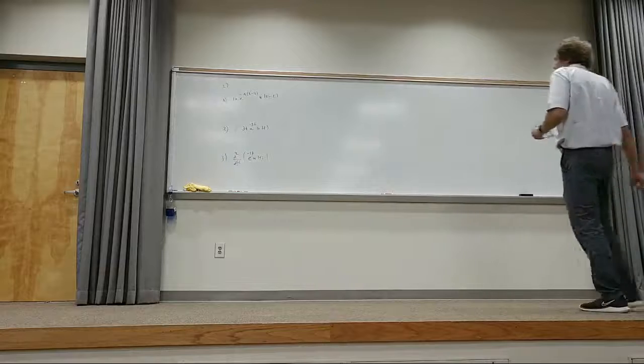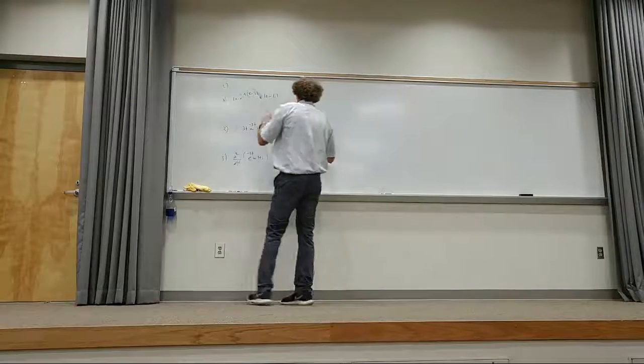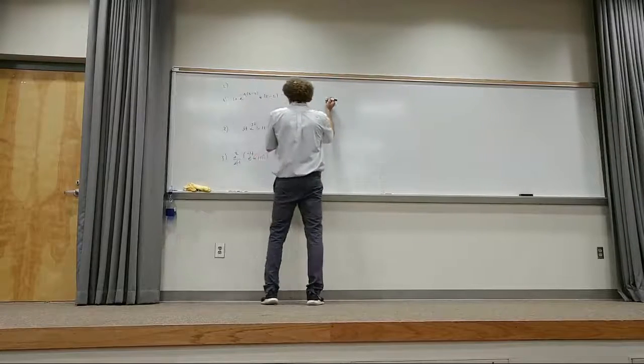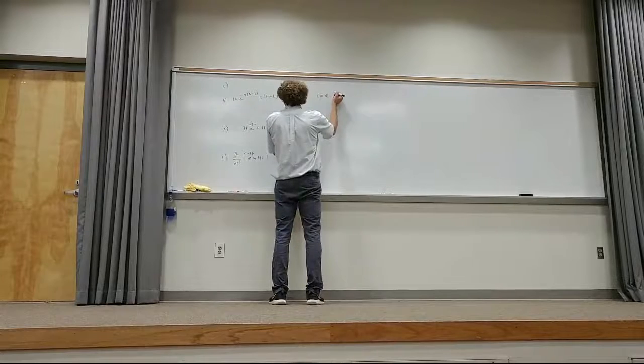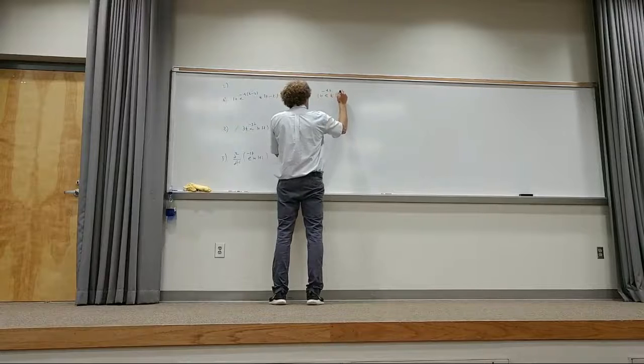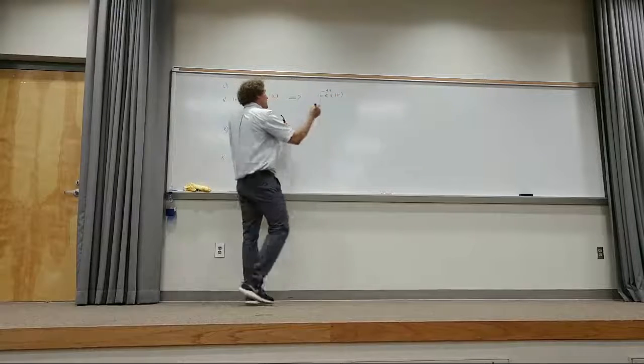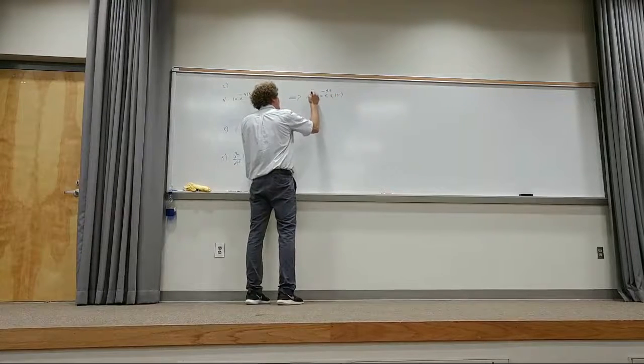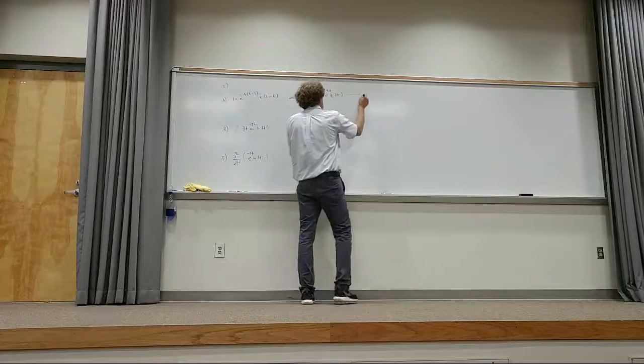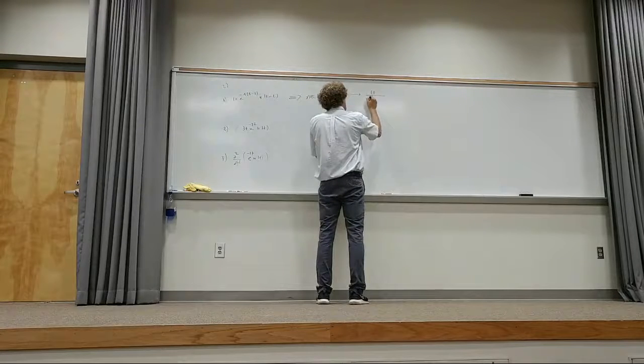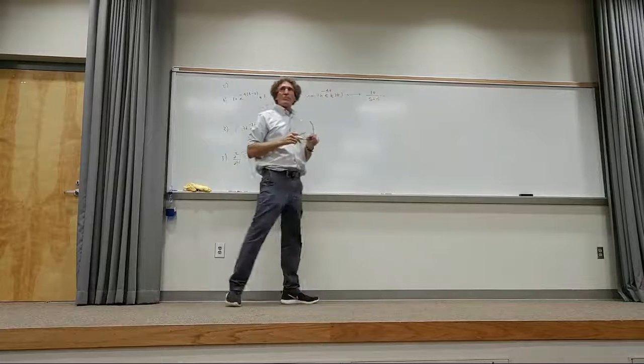For this one, I'm just going to start by saying if I have 10 times e to the minus 4t times u of t, this will be without a time shift. Call this my x of t now for the problem. I know that that has the transform of simply 10 over s plus 4. That's almost by inspection.